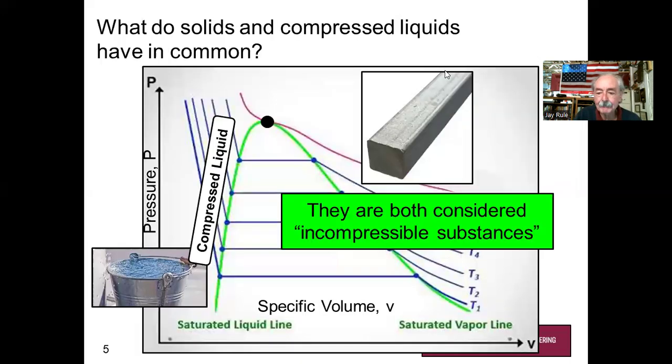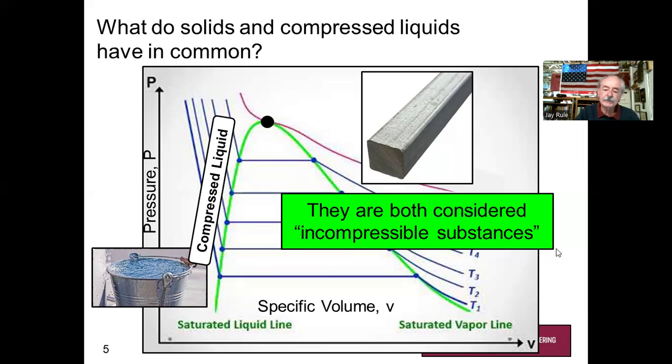Okay, so now the topic of specific heat for solids and compressed liquids. What are these two things, and what do these two substances have in common? They're both a steel rod, a solid, a brick, and over here, compressed liquid, a bucket of water that you heat up a little bit.